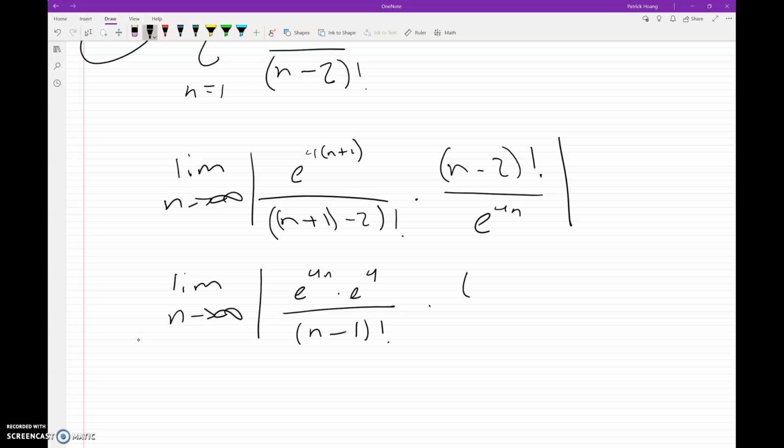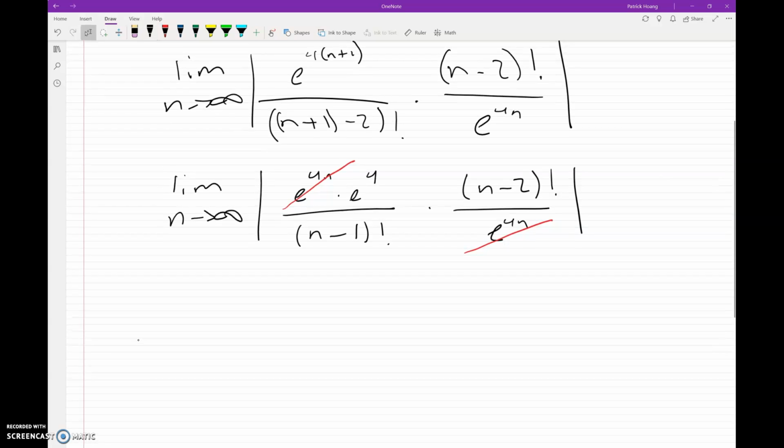We also have this n minus 2 factorial over here, and this e to the 4n in the denominator. So there's an e to the 4n over here and an e to the 4n in the denominator, so we can cancel those out. But this n minus 2 factorial and this n minus 1 factorial kind of trip you guys up.